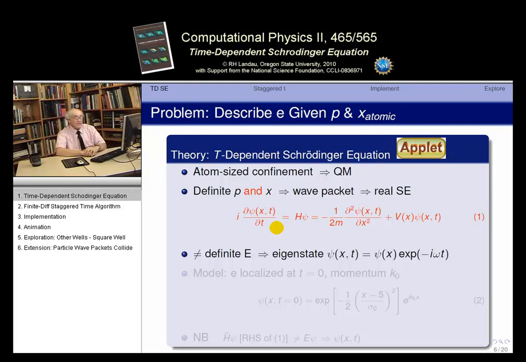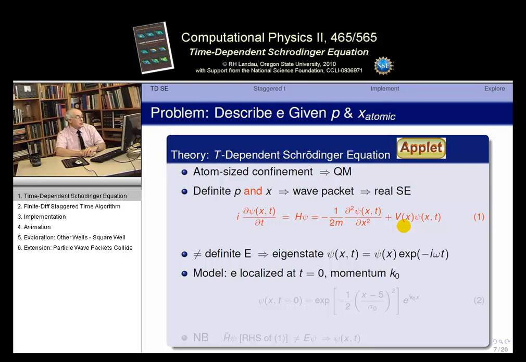So, if we have a state that's not of definite energy, in other words, it's not an eigenstate of the Hamiltonian, so the wave function does not separate into a space part and a time part, then we have to solve this full time-dependent equation. So, for our problem here, we have a localized electron of definite momentum. We model it.